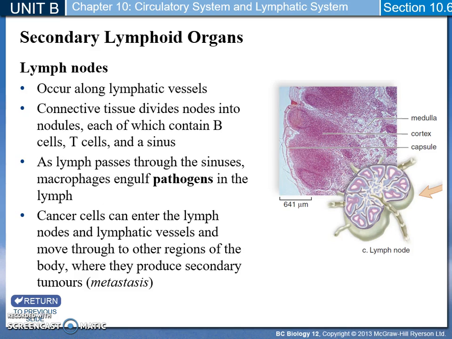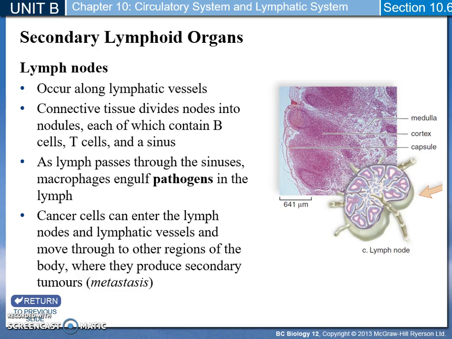So the secondary lymphoid organs then, first of all, we have our lymph nodes, and as we mentioned, they occur along lymphatic vessels, and connective tissue then divides the nodes into nodules, each of which contain B cells, T cells, and a sinus.